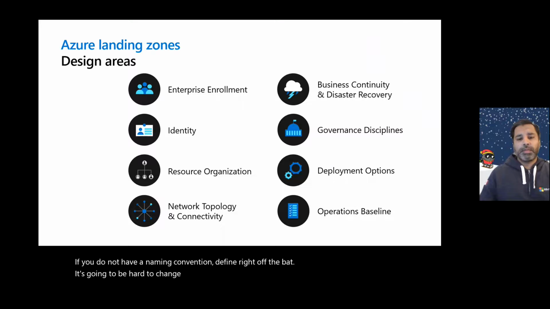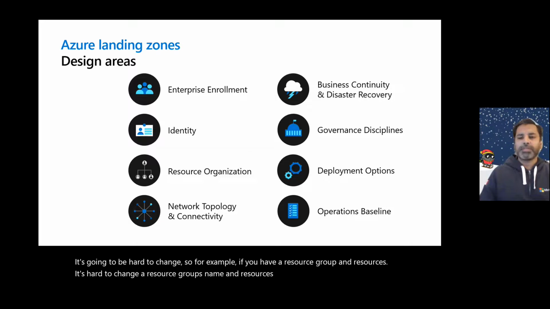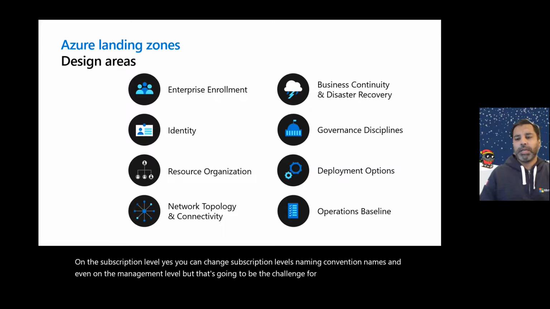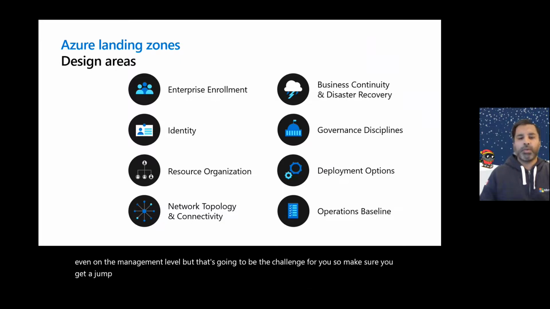So, for example, if you have a resource group and resources, it's hard to change the resource group's name and resources' name. On the subscription level, yes, you can change subscription naming convention names, and even on the management level, but that's going to be the challenge for you. So make sure you get a jump start on the cloud governance by preparing for proper resource organization early.